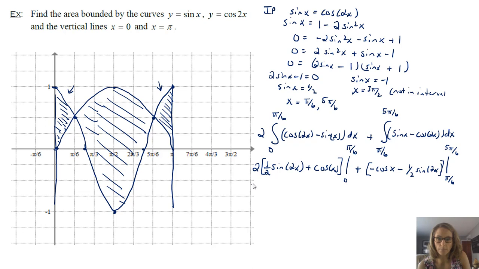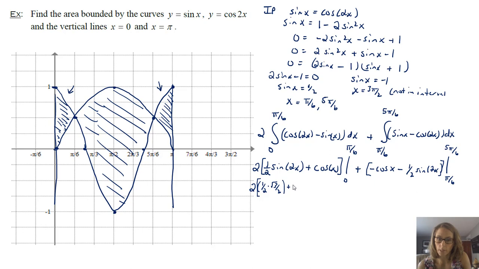So let's see. So we're going to have 1/2, and then we're going to have sine of 2 times pi over 6. So that is sine of pi over 3. Sine of pi over 3 is root 3 over 2. And then add to that what happens when you put in cosine pi over 6.